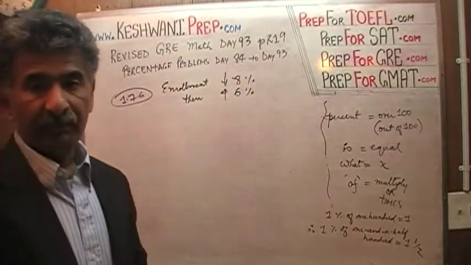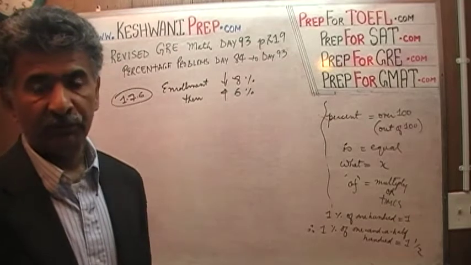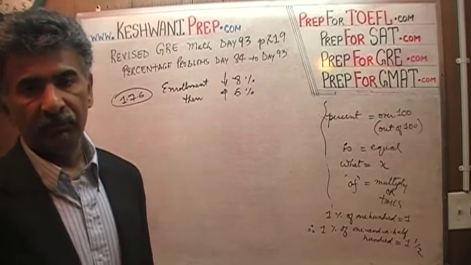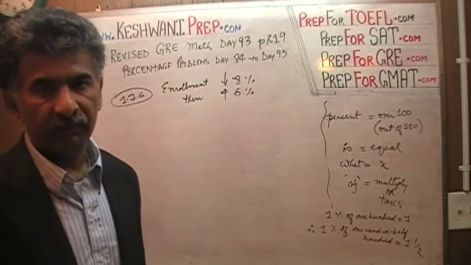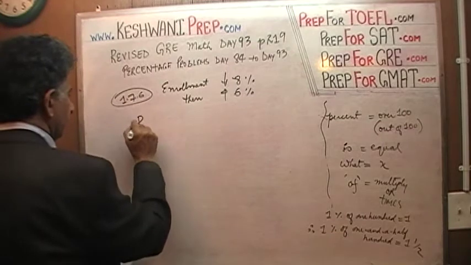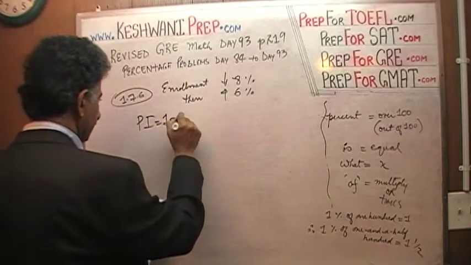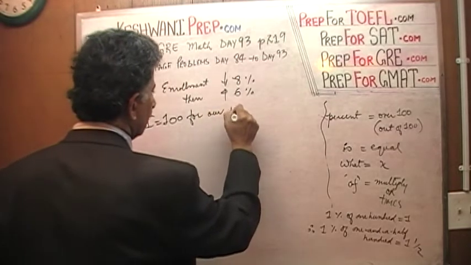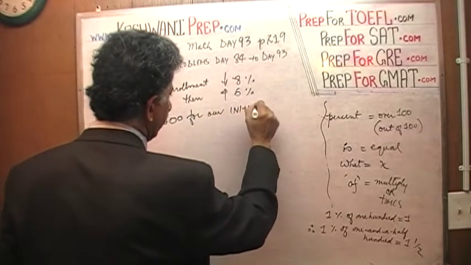This is a percentage problem. The simplest, easiest, quickest, most efficient way to deal with this situation is to make up a number for enrollment. And since it's a percentage problem, a nice easy number to plug in is 100. So let's plug in 100 for our initial enrollment.